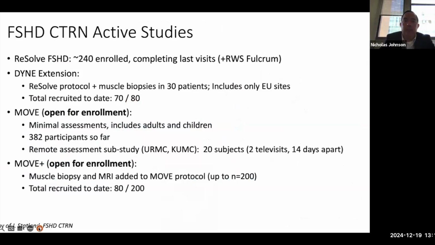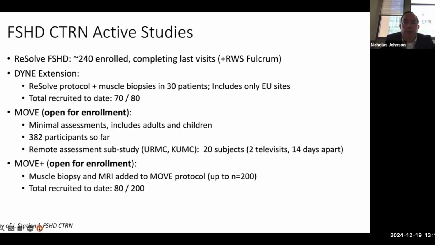And these studies are so critical for those designing therapies, because it tells them, number one, what are you going to measure? Number two, how are you going to measure it? And number three, how long are you going to measure it? Without these efforts and these studies, we wouldn't be talking about the trials I'm going to talk about in the next few slides. They've done a study called Resolve FSHD, which had 240 individuals enrolled, and that's nearly complete.